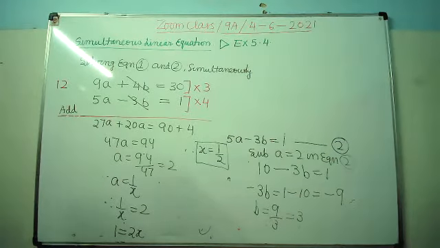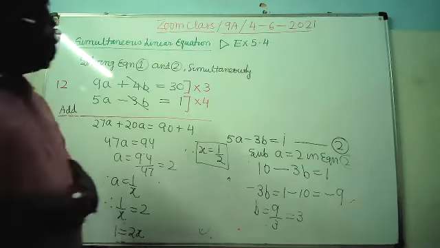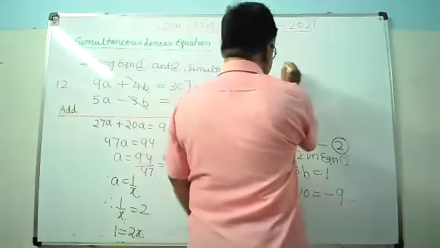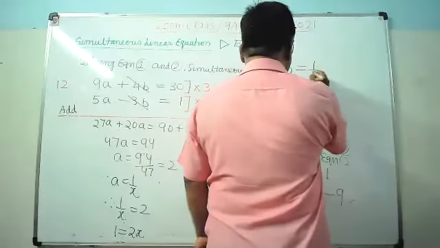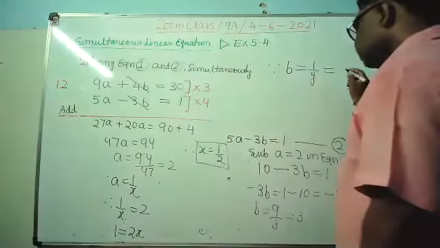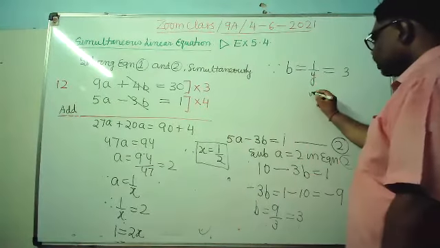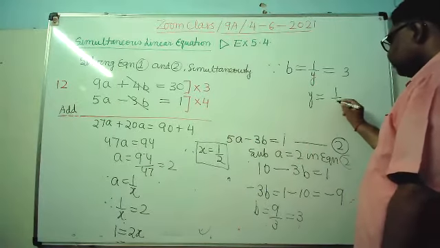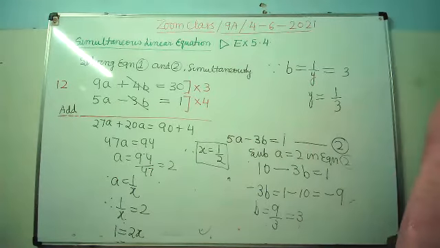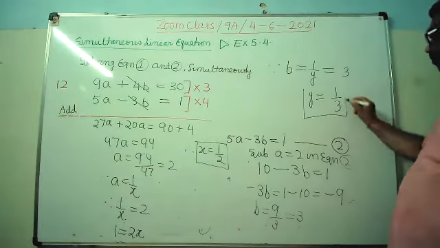Now you can see here. What did we assume? We assumed b equals 1 upon y. Therefore it is equal to 3. So y equals 1 upon 3.